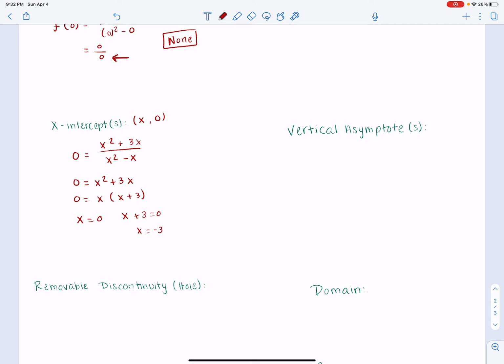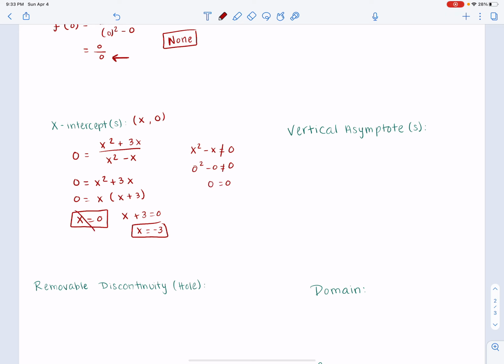Okay, now it looks like we have two x-intercepts, but I need to check. If I take my denominator, I need it to not equal 0, because if it equals 0, then it's undefined and it's not really an x-intercept. So if I plug in 0, well, that does equal 0.